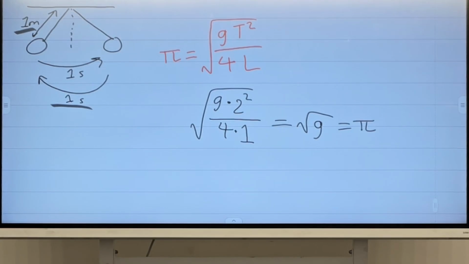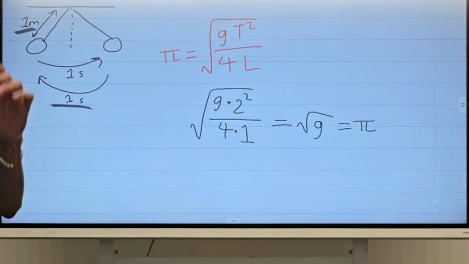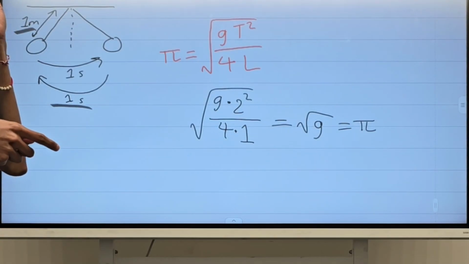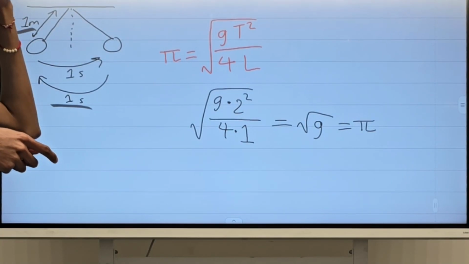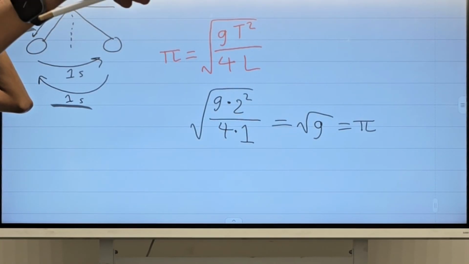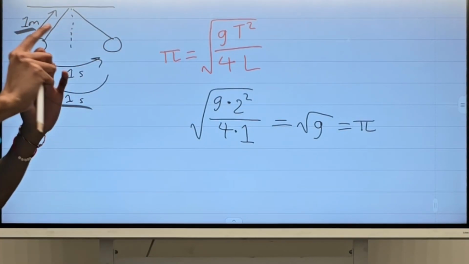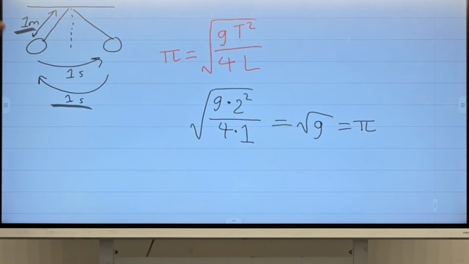That is how meters and seconds were originally defined, and then it was scrapped and redefined by the distance between the North Pole and the equator, I think, divided by 10,000. I forgot, but whatever it is, this was the original definition, and because of this, it is not a coincidence.